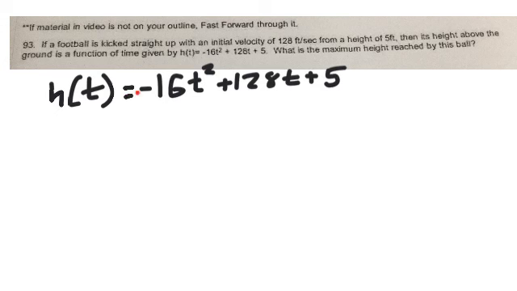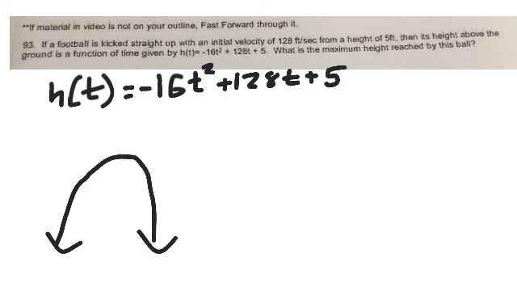So when I look at this equation, it's ax² + bx + c. I know it's a parabola. And I also know, because this leading coefficient is negative, that it's going to be a downward facing parabola. So when does the football reach its maximum height? At the vertex, before it starts its descent back down.